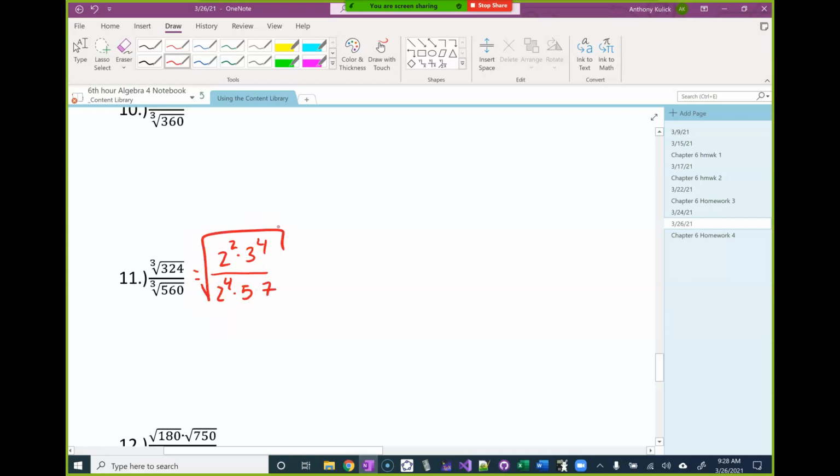I'll stick that all under one radical, and I'm going to reduce all of the 2's that I can. Okay with that? Yep.